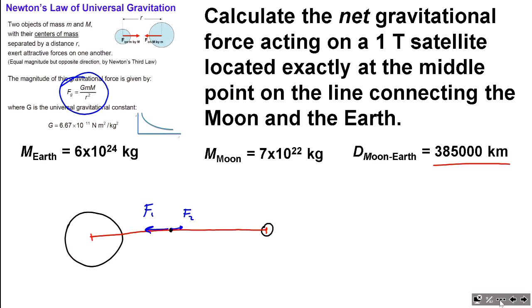But if the distance from the object is the same to both planets, only mass matters. And of course, the Earth is much heavier, so it exerts a stronger force at that location, and the net force points toward the Earth, but the Moon pulls it away.